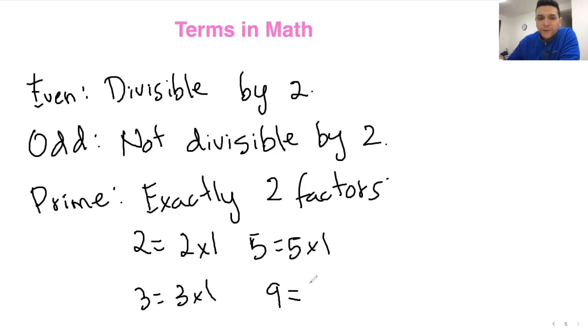But 9 has these factors, 3 times 3, right? Also 9 times 1. So it's got more factors. If it only had these two, 9 and 1, yes, it would be prime. But since it's got 3 as a factor, it's not prime, okay? So 9 is not prime. It is odd though. 9 is odd, but it's not prime.